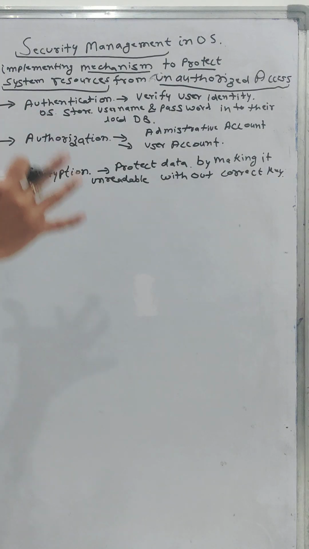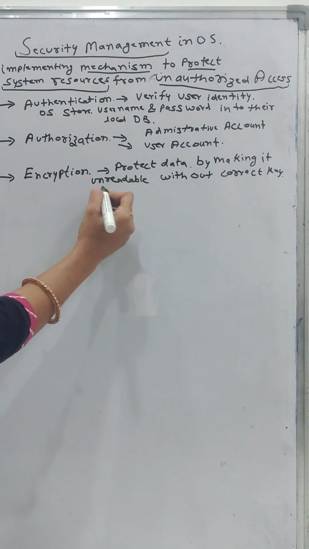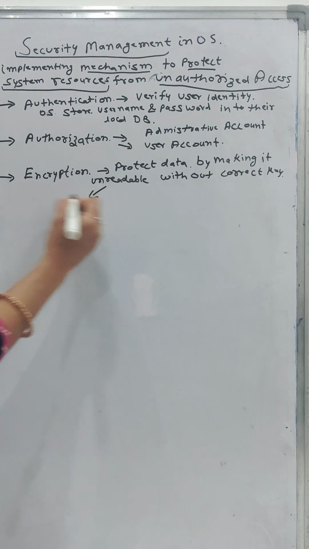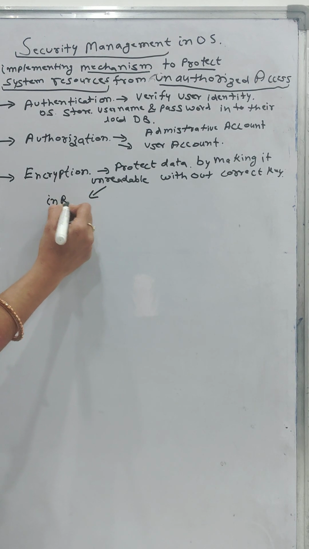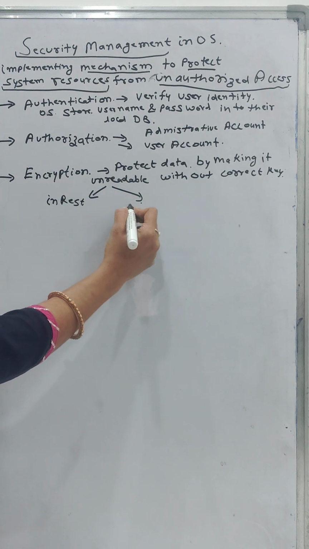In a system we have two kinds of data, and I'll explain with examples: data at rest and data in transit.